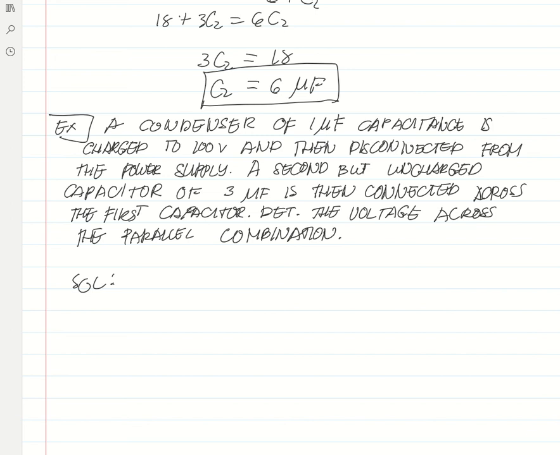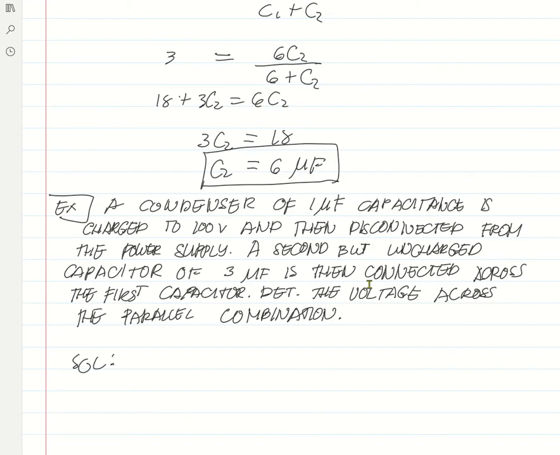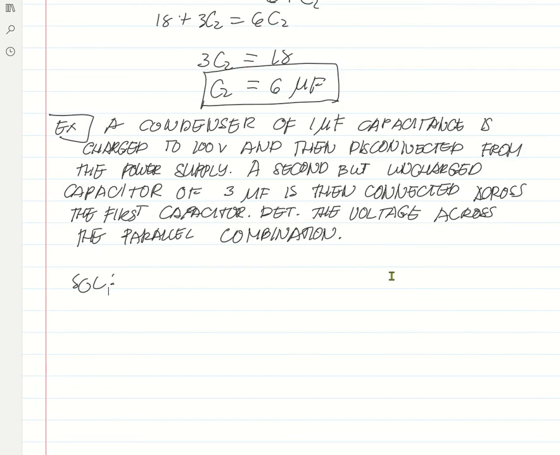And we can solve for the charge using the voltage formula. Then we can apply what we did from that example. So how do we do that? We know that Q, the charge, let's call it Q1, the first charge, will be equal to the capacitance of the first multiplied by the voltage.